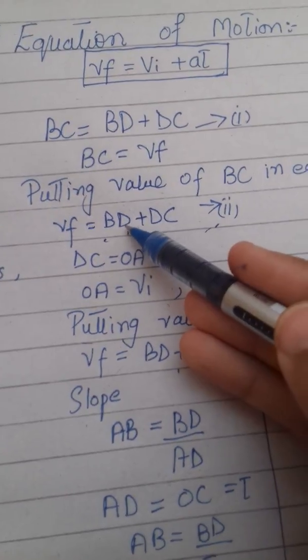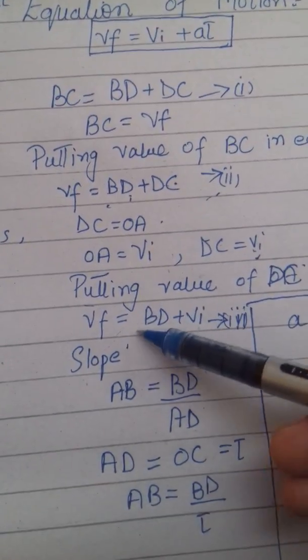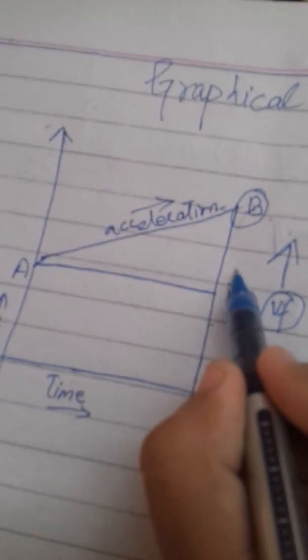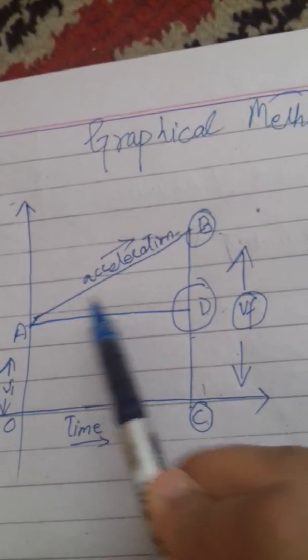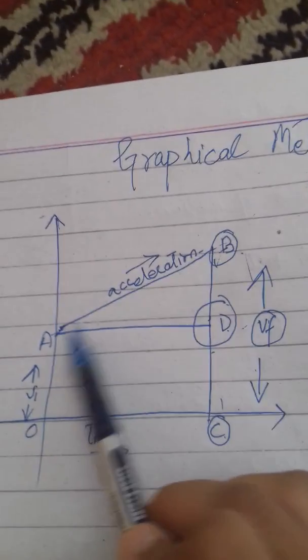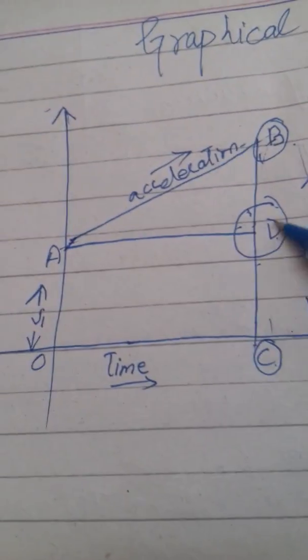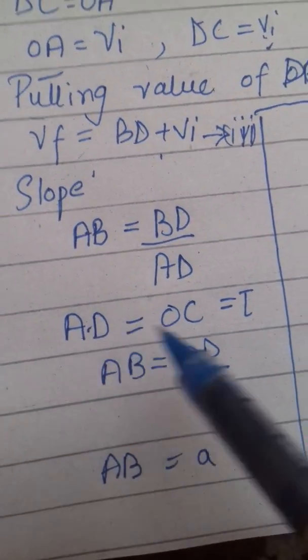So Vf equals BD plus the initial velocity. Taking the slope at point T, AB is equal to BD by AD. AD is equal to OC, and OC equals time, so we can write AD as time.